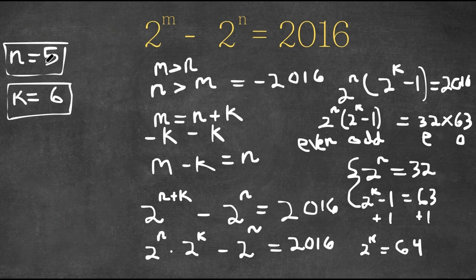So now if n is 5 and k is 6, we could simply plug these in: m is equal to n plus k, and n plus k is 5 plus 6, which is 11. So m is equal to 11. So now these three are our values.